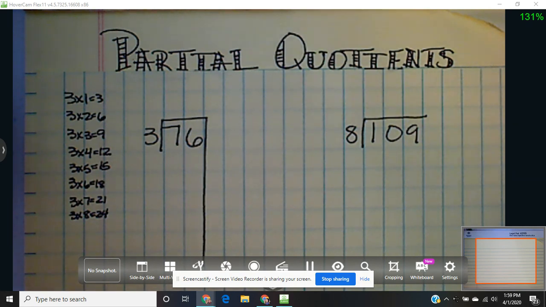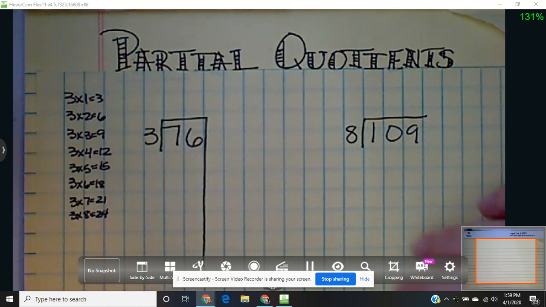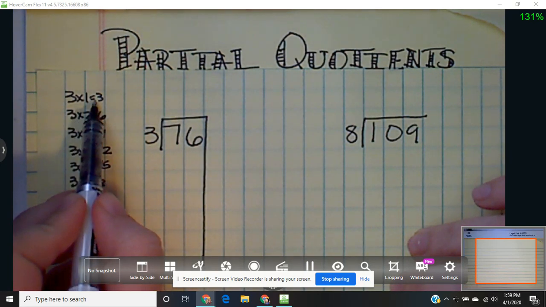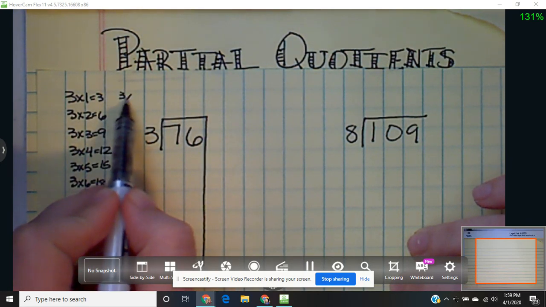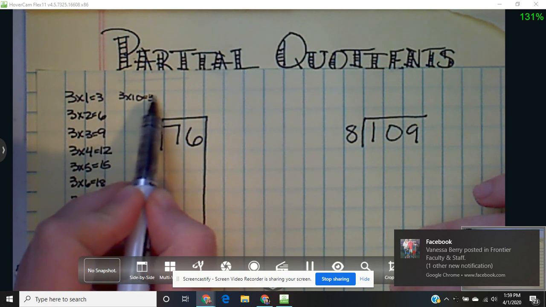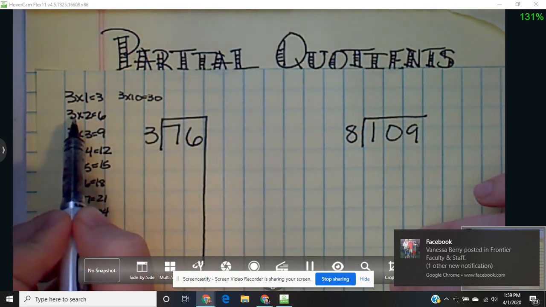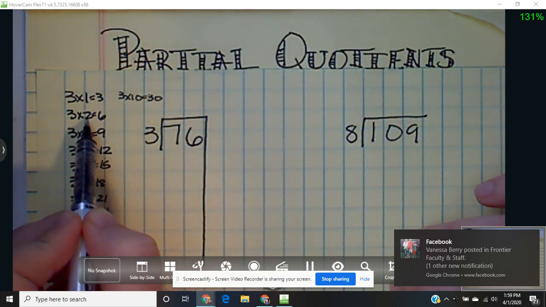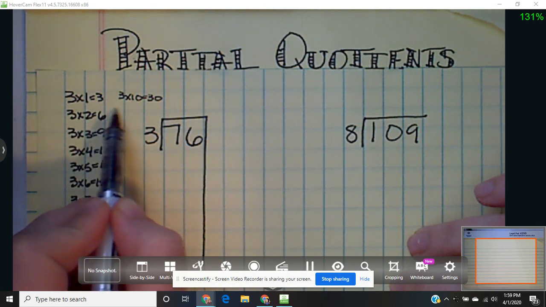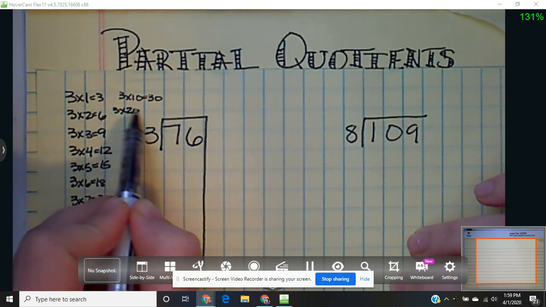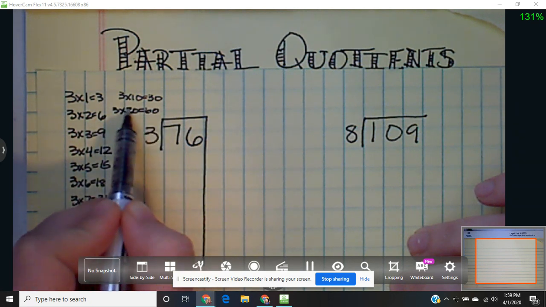This is extremely helpful as we get to the larger numbers because of the multiples of 10. Because if I know that 3 times 1 is 3, 3 times 10 is 30. And 3 times 2 is 6, so therefore 3 times 20 is 60.